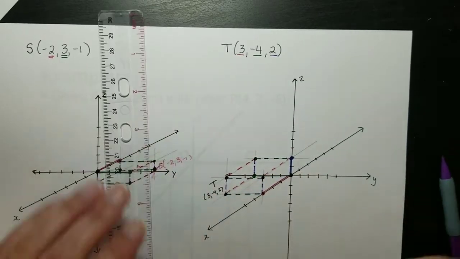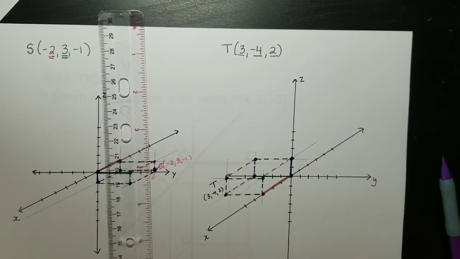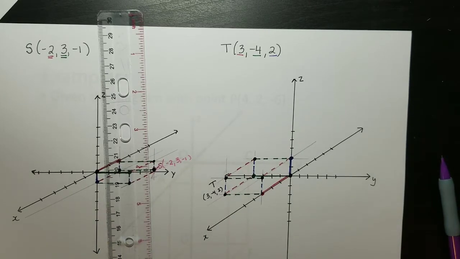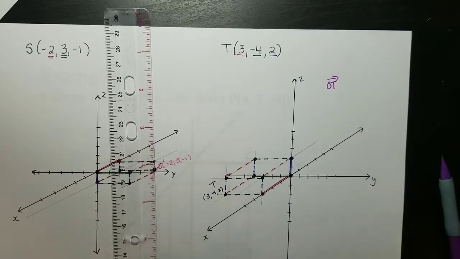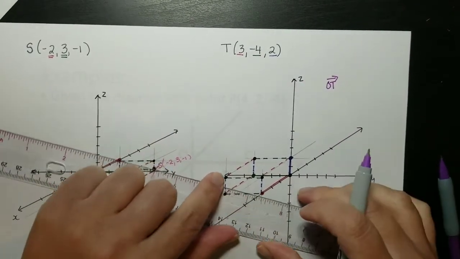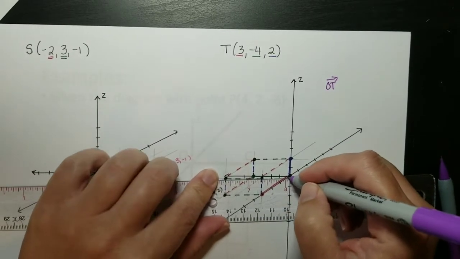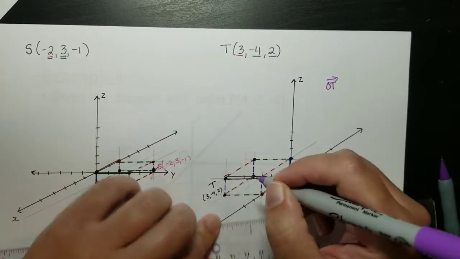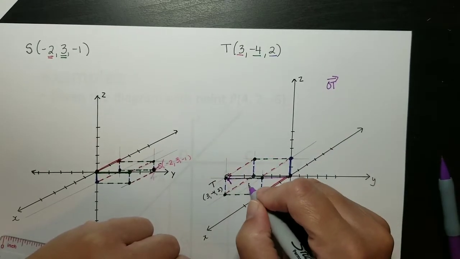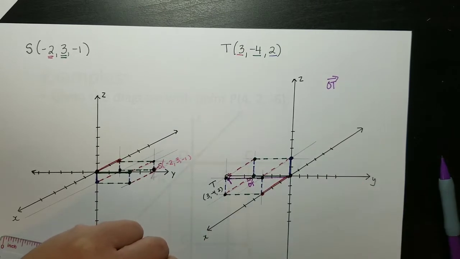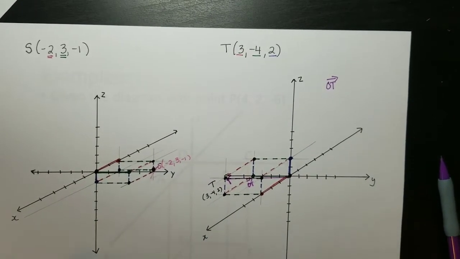And once you get that all set, if you were asked to draw the vector OT from the origin to point T, you just simply connect that point that you made with the origin, drawing a vector going all the way diagonally through that box. It sometimes gets a bit obscured by the lines you've already drawn. Color can help there, and that would be vector OT. Sometimes you'll be asked for the vector, sometimes not.